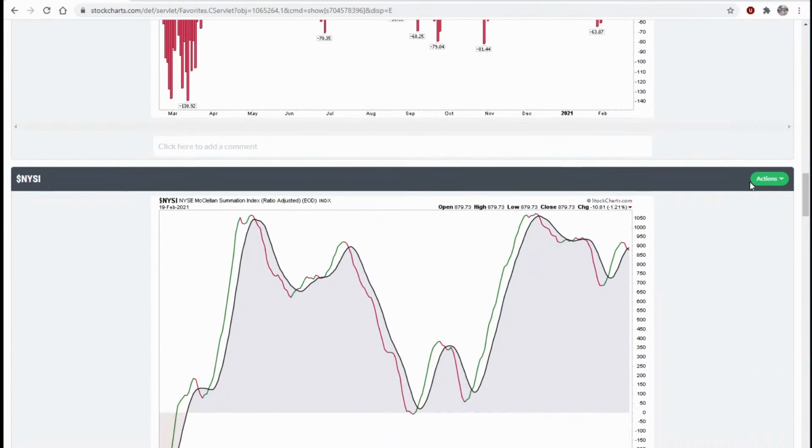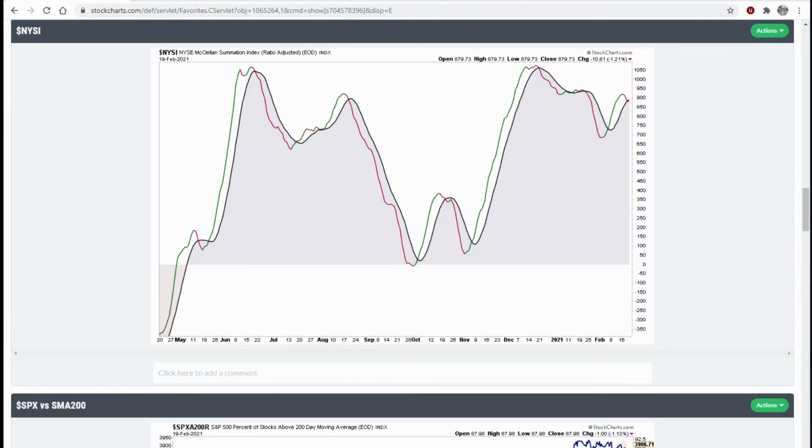One of the yellow flags that's rising right now is the McClellan Summation Index. Why? We finished last week with a bear cross. When we have a bull cross, it means it favors buying the pullbacks. When we have a bear cross kind of environment, it means it is wise to sell the rips.